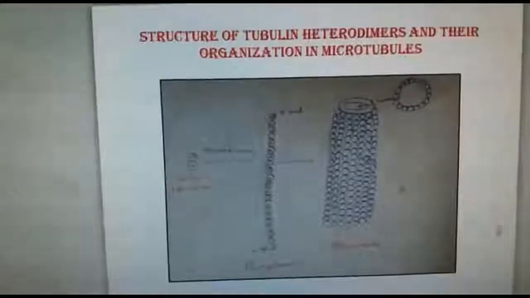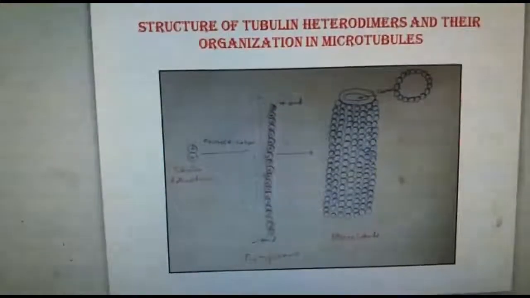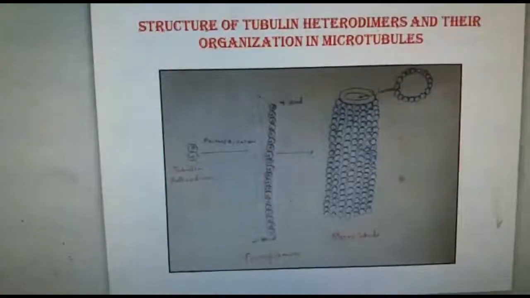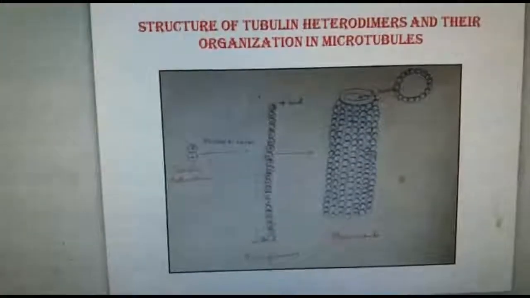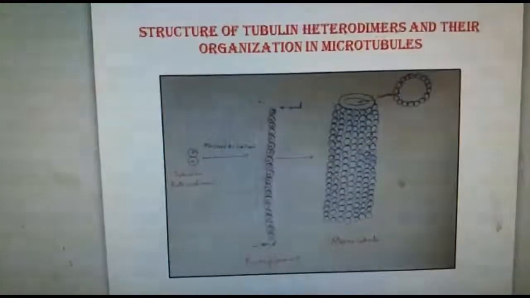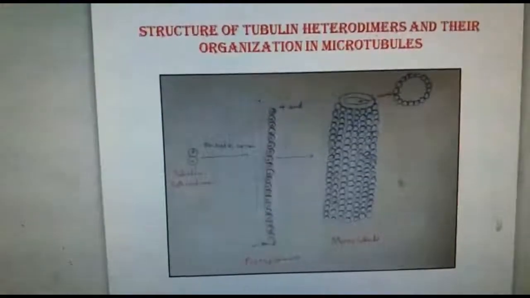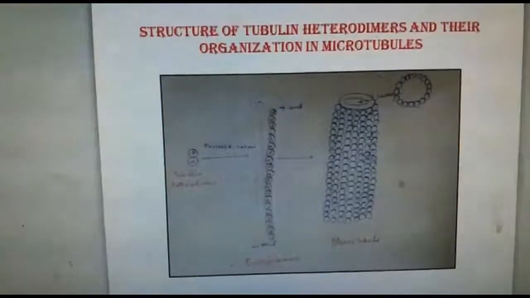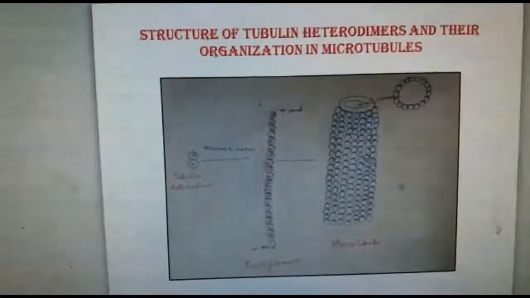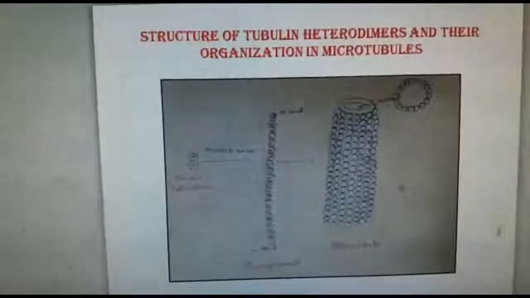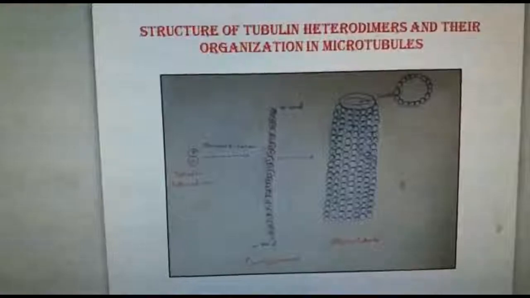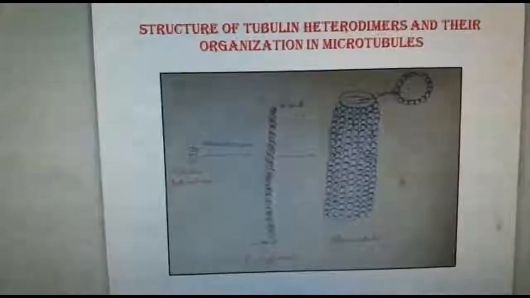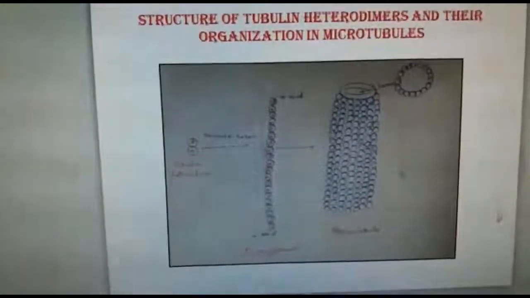Doublet microtubules consist of 10 or 11 protofilaments of a second microtubule fused to an entire 13 protofilament first microtubule, and triplet microtubules have an additional 10 or 11 protofilaments of a third microtubule fused to the second microtubule.